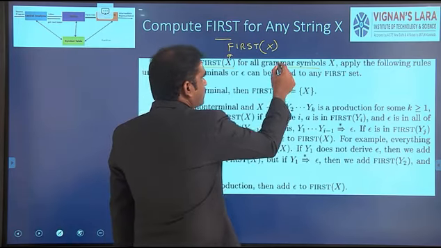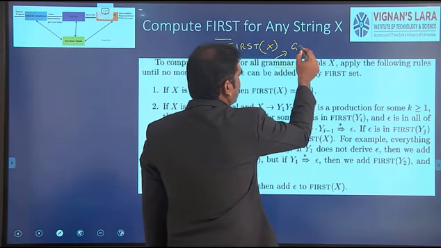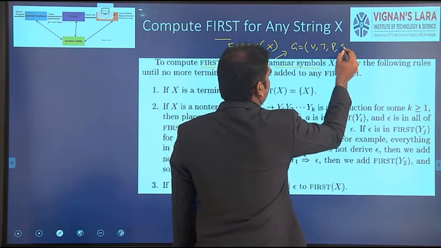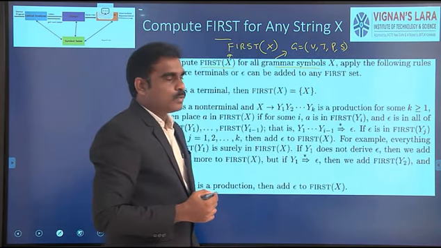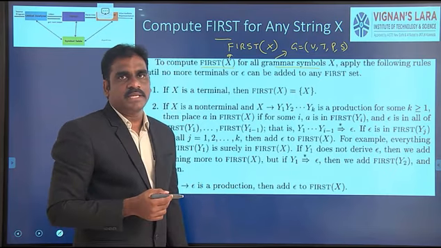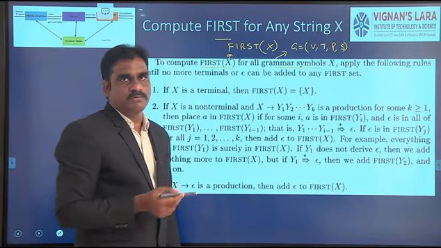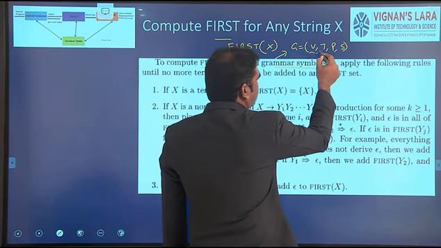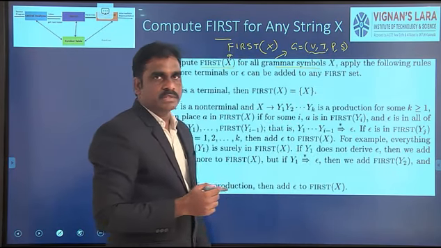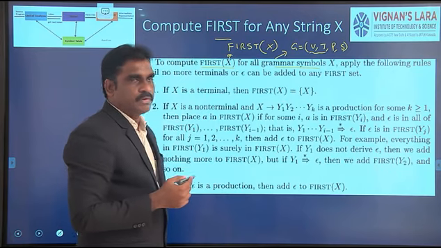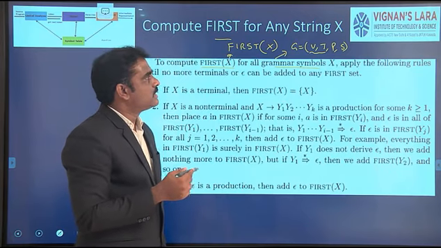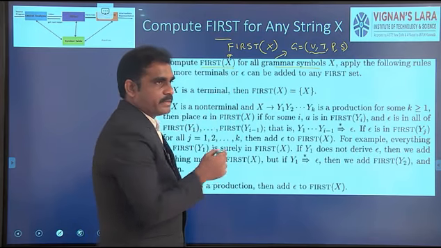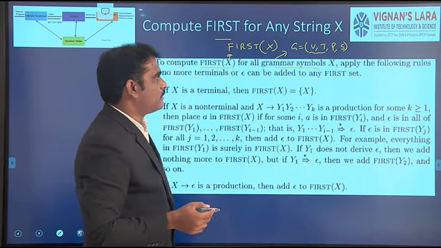All of you know that the grammar contains a 4-tuple notation: V, T, P, and S. Grammar symbols mean the first two, nothing but variables and terminals. Variables are non-terminals, and the second one is terminals. So here x may be a terminal or non-terminal.